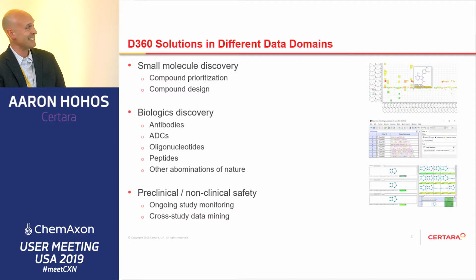Well, we've been extending that sample domain to include biologics. And with that, there's some new areas of data analysis, and that's why we've introduced some additional functionality into D360, such as sequence and Helm notation to aid in the exploration of biologics as therapeutic agents.